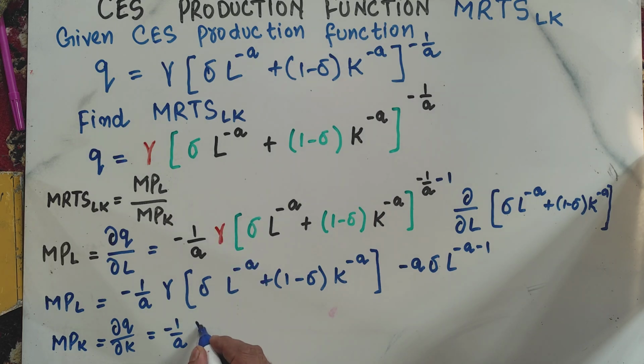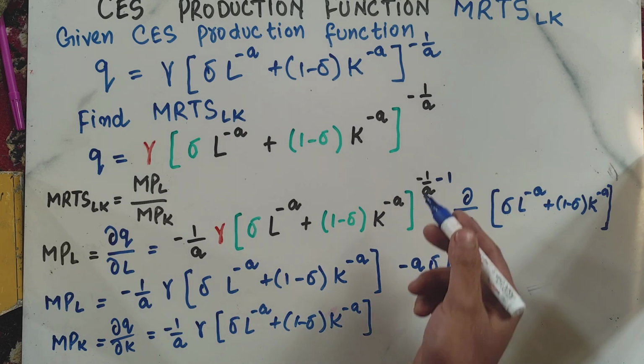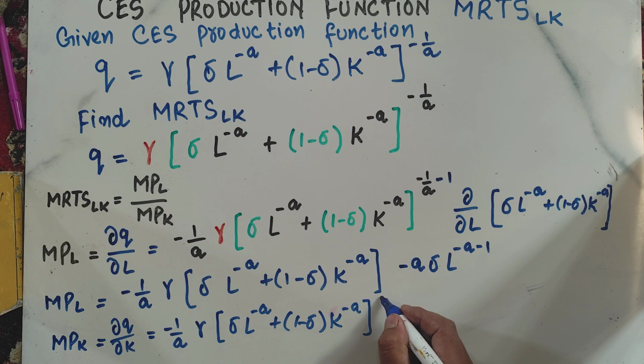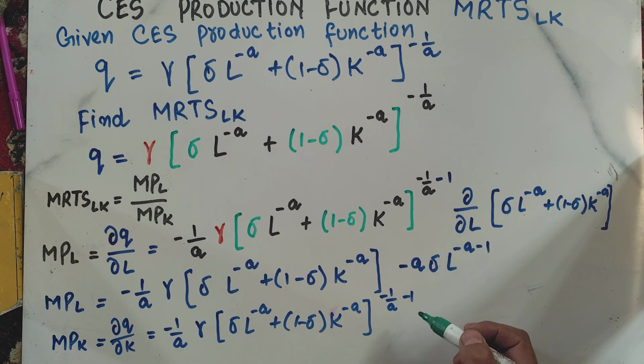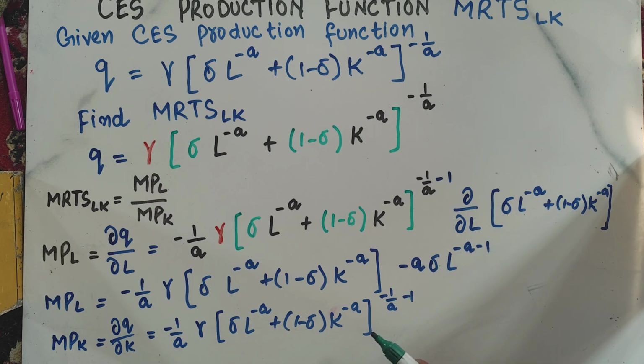Then we have gamma, then we have delta L raised to the power minus A plus 1 minus delta K raised to the power minus A, and the exponent is subtracted by 1, so we have minus 1 upon A, minus 1. Then we take the derivative, partially differentiating this time with respect to K. I cannot write this because I don't have the space here.